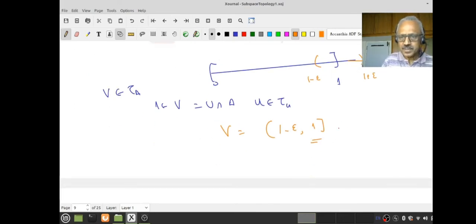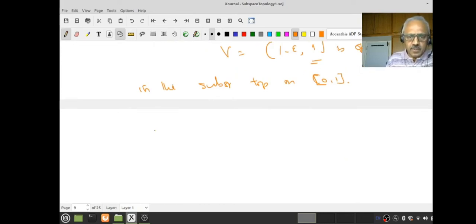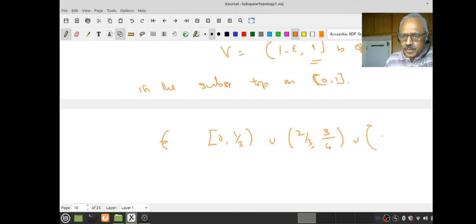Therefore this is open in the subspace topology on 0 1. So in particular, let me look at this: 0 to 1 by 3 open, union 2 by 3 to 3 by 4 open, union 9 by 10 to 1 closed.